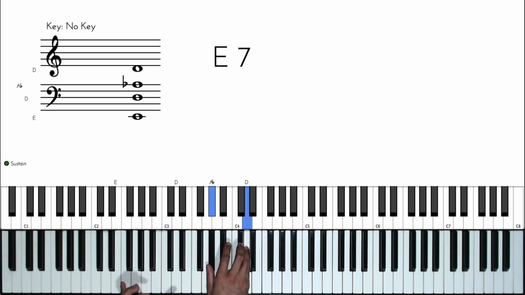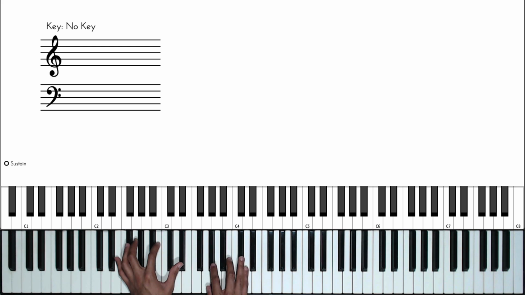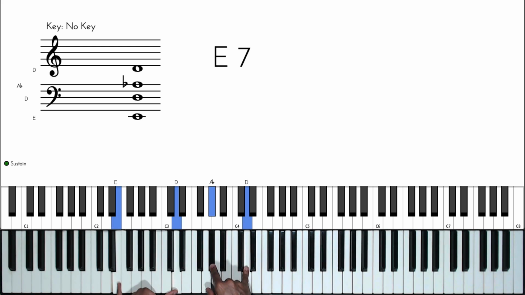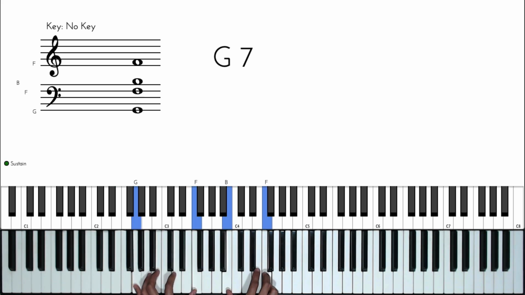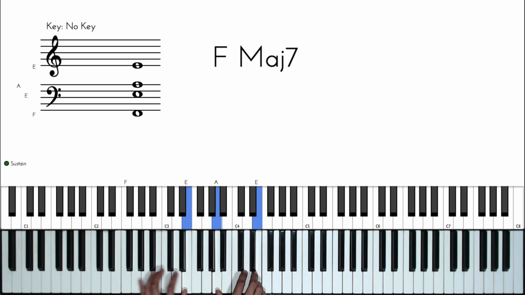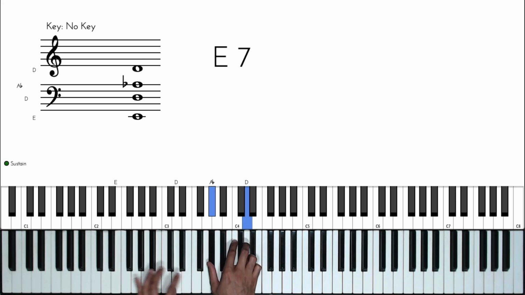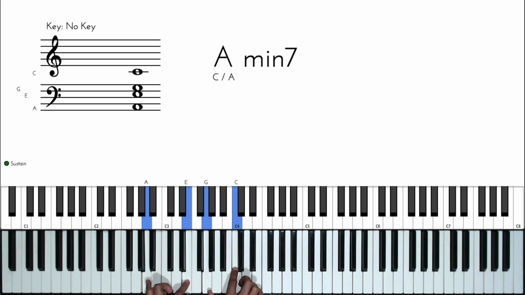This chord right here, instead of being an E major 7, which is something you would probably think, it's actually a dominant chord, which leads us to the A minor 7, okay? So that would be the progression.